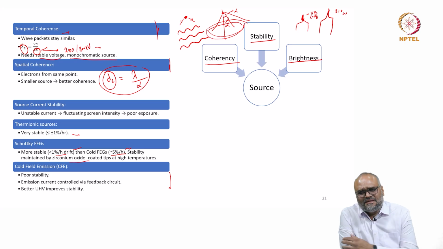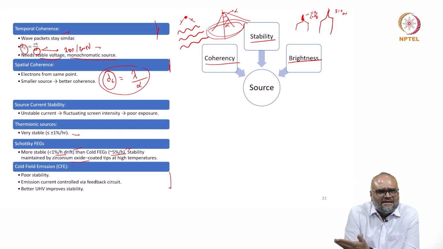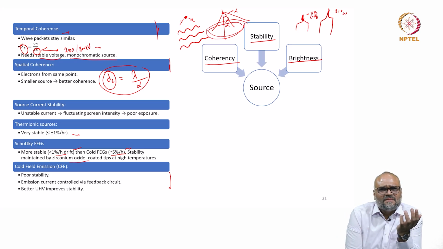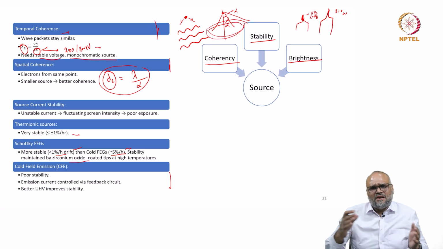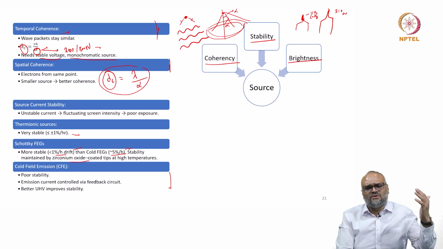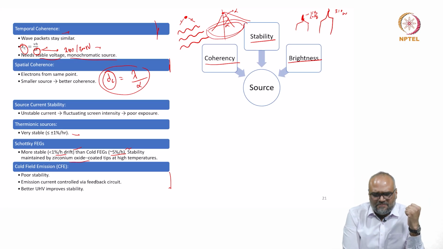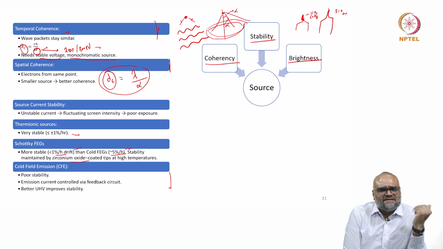As an example, on one of our cold field emitter TEMs, I can tell you that you would have something of the order of 15 microampere emission current when I do a flashing, and over a period of about 2.5 hours, this would drop down to as low as 8 or 9 microampere per square centimeter.